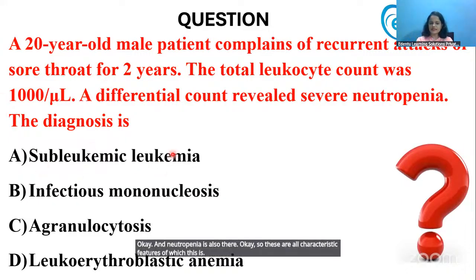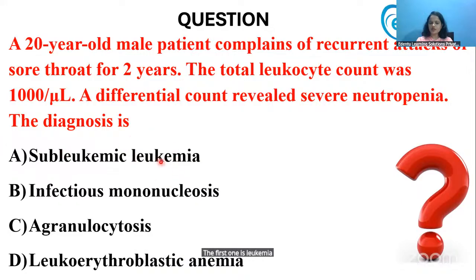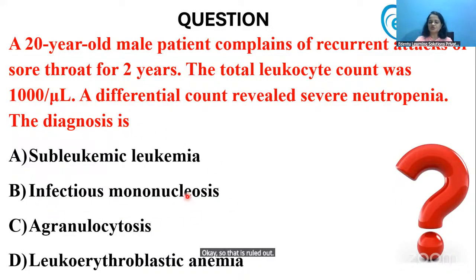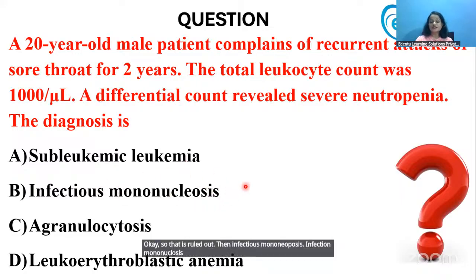The first one is leukemia, subleukemic leukemia. Leukemia means an increase in the number of WBCs, so that is ruled out. Then infectious mononucleosis. Since it's an infection, you will see lots of increased lymphocytes, and atypical lymphocytes will be seen in the peripheral blood smear also.